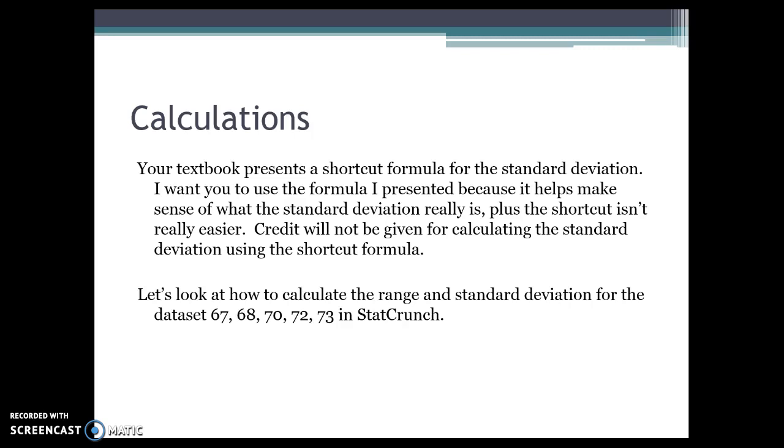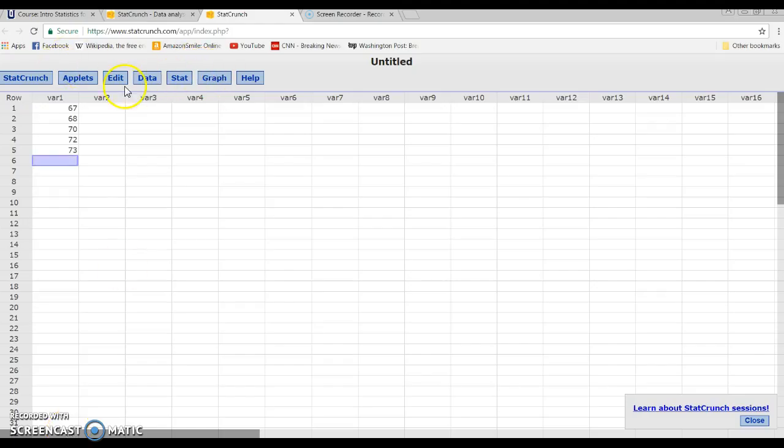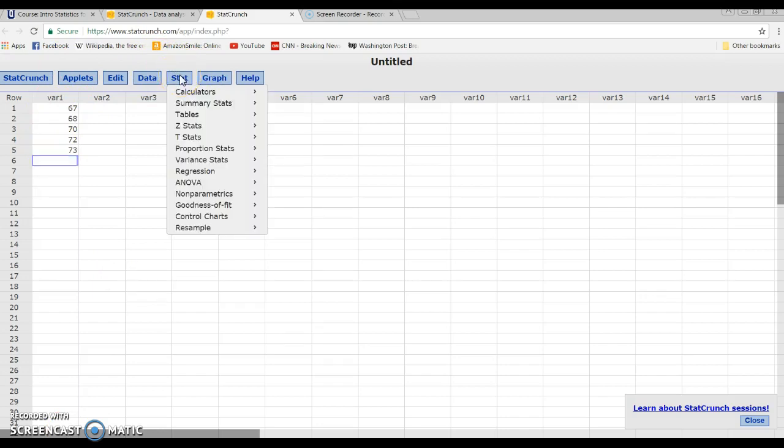Let's go over to StatCrunch and look at how to do the calculation there. So I've typed in the data already, and we're going to go to the same place where we got the measures of center.